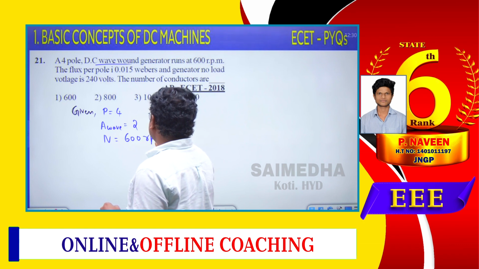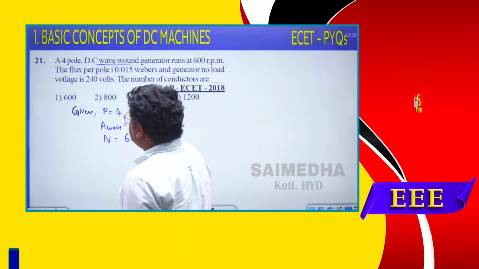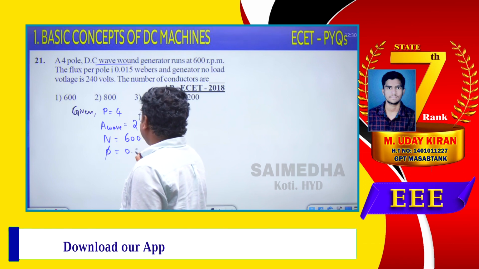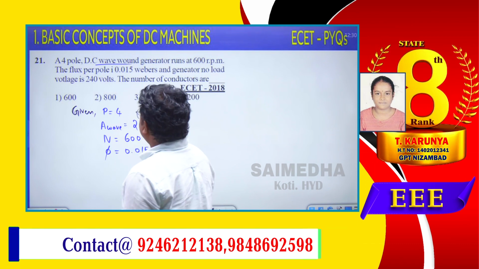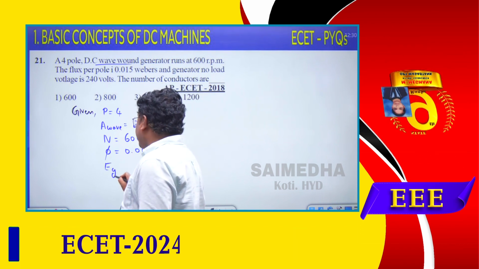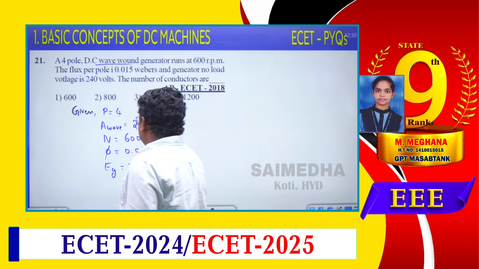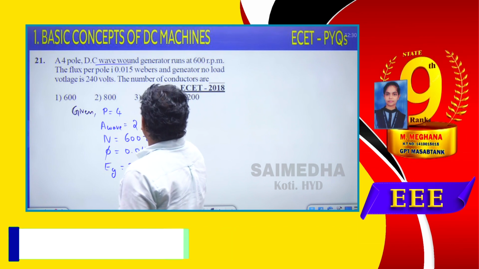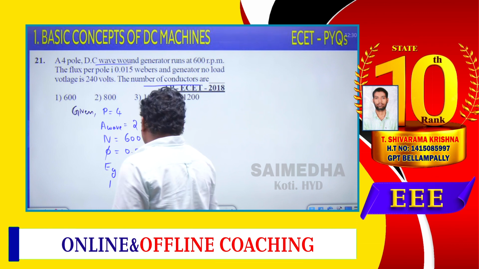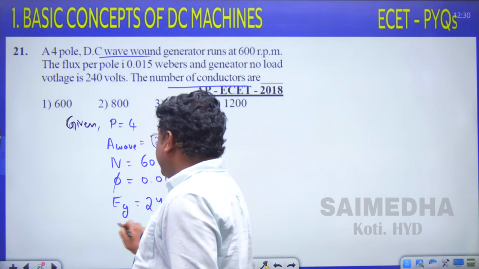The flux per pole phi is equal to 0.015 webers. The generated voltage under no load, Eg, is equal to 240 volts, and we are required to find the number of conductors, which is denoted by Z.